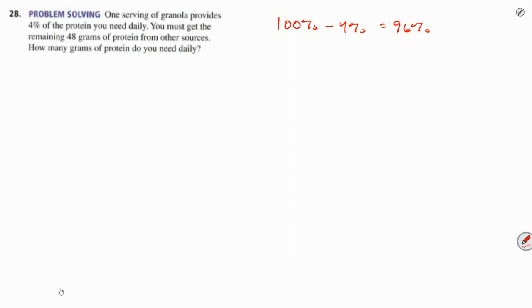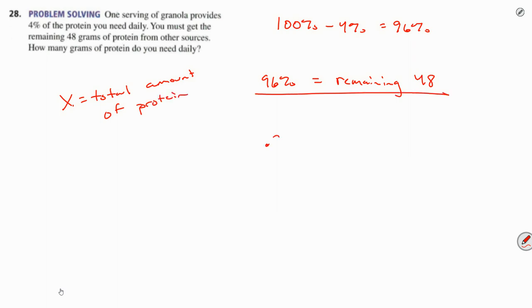So 96% must be the same as the remaining 48. So that's 96% x. We don't know x, the total amount of protein. But essentially with this information here, we can say 96% of our total amount must equal 48.